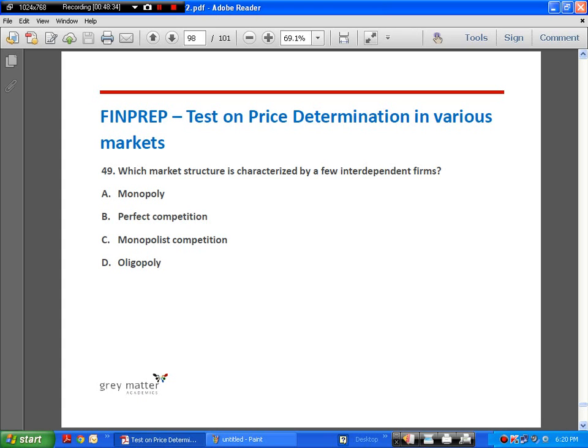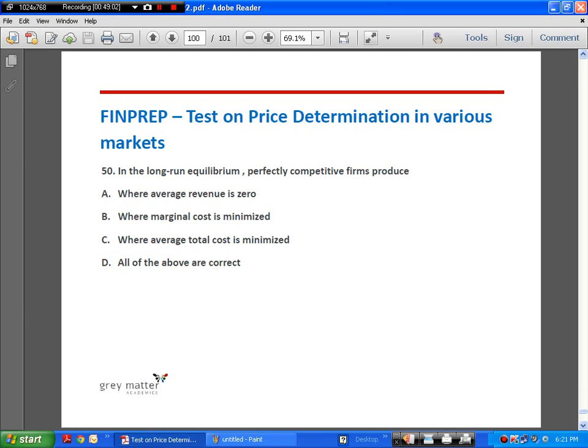But under oligopoly, you have firms that depend on each other for market share, because a price increase or a price decrease by one firm will alter the market share of all other firms. That is, the firm which has reduced the price will attract the consumers of the other firms. Therefore, the right answer is option D, oligopoly.